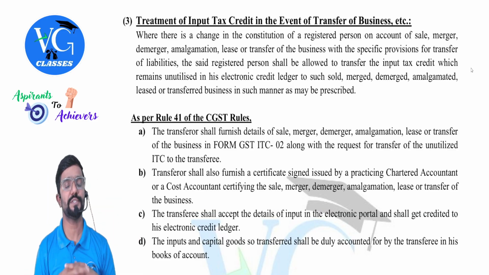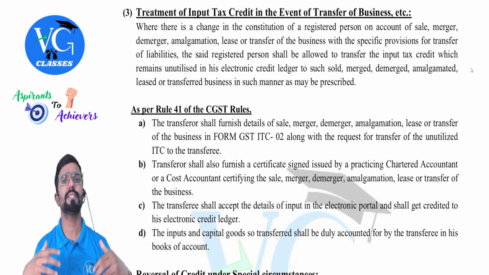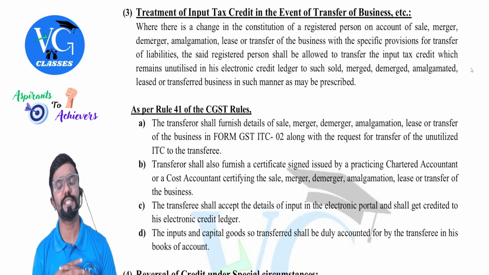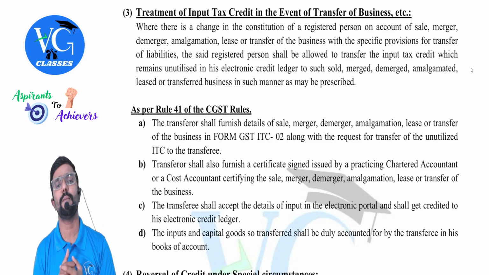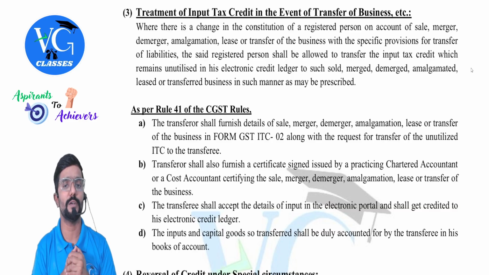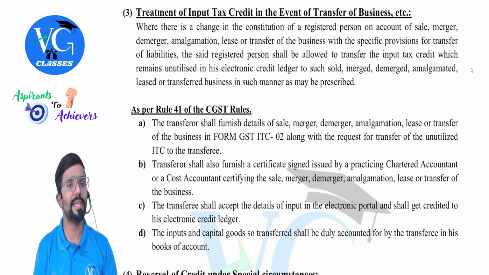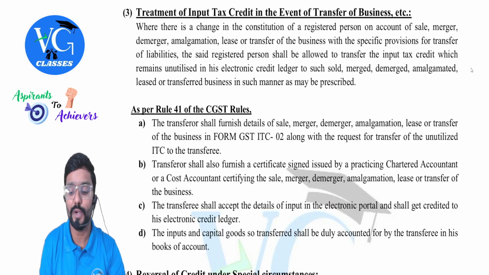Okay, first let me read this. Treatment of input tax credit in the event of transfer of business. We also call it business succession. Where there is a change in the constitution of a registered person on account of sale, merger, demerger, amalgamation, lease, or transfer of the business with the specific provisions for transfer of liabilities, the said registered person shall be allowed to transfer the input tax credit which remains unutilized.